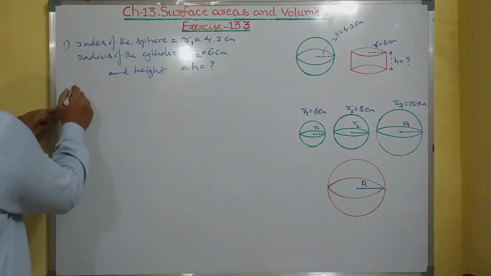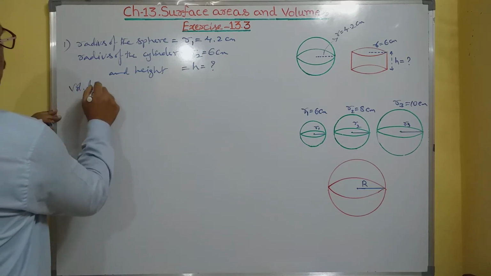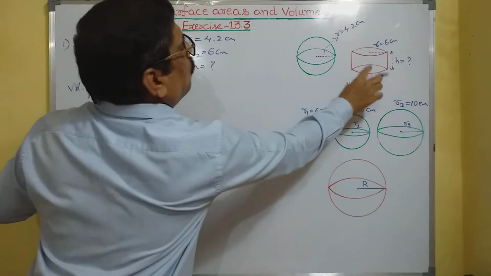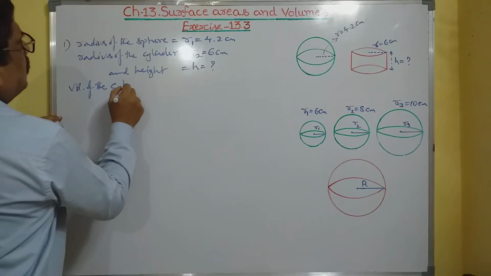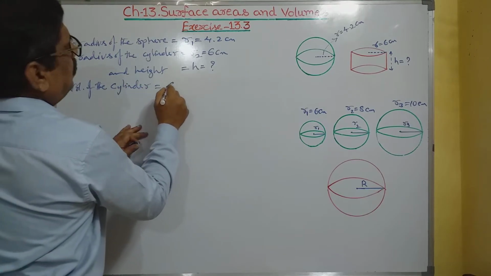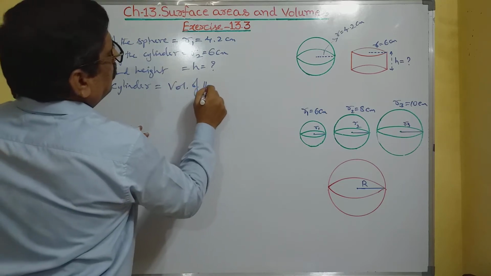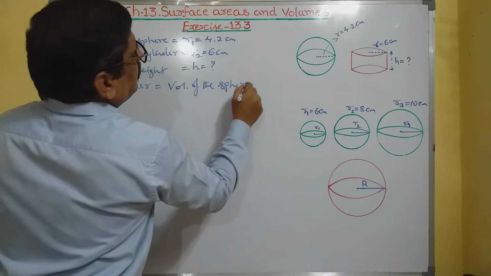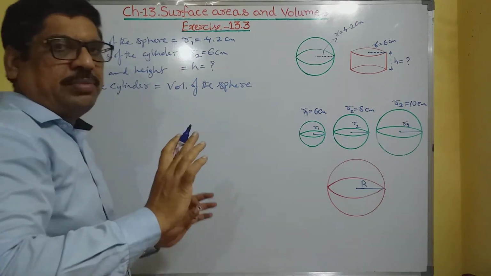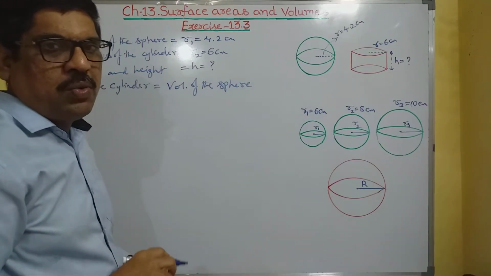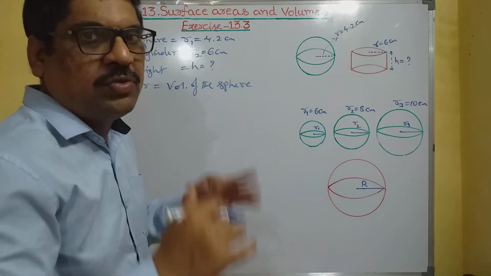Therefore, we need to take volume of the cylinder so formed is equal to volume of the sphere. You remember this? Whenever we melt something and recast into another form, we need to take those two objects' volumes equal.